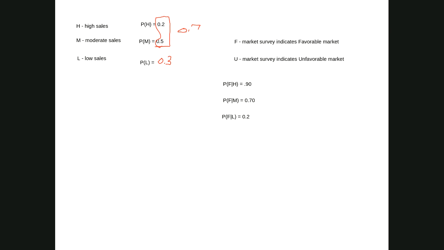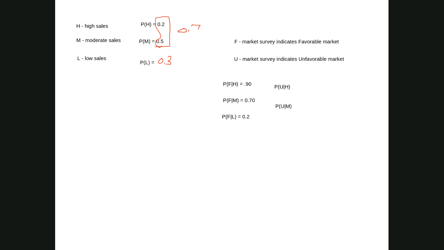And so from there you'd be able to realize the probability of an unfavorable report given high sales, the probability of an unfavorable report given moderate sales, and the probability of an unfavorable report given low sales.